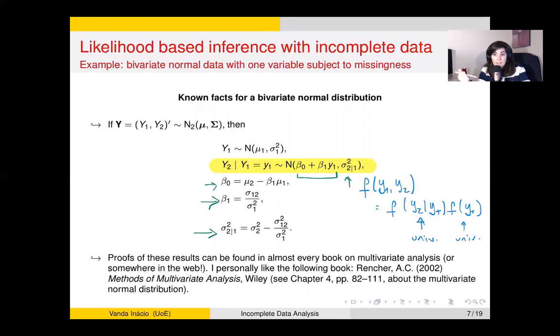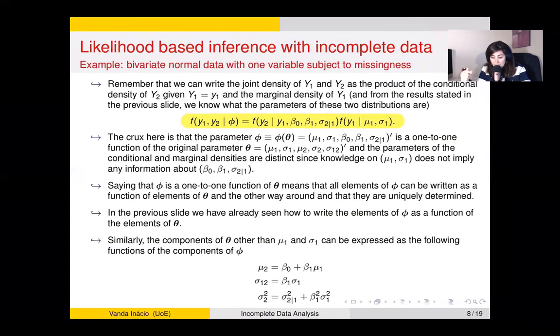Of course, they are written as a function of the parameters of the mean vector and of the variance covariance matrix. And so we can think of our new parameter, psi, the vector that contains the elements of the marginal and of the conditional distribution.